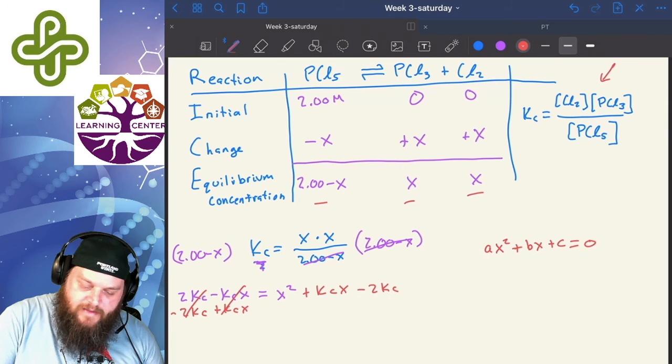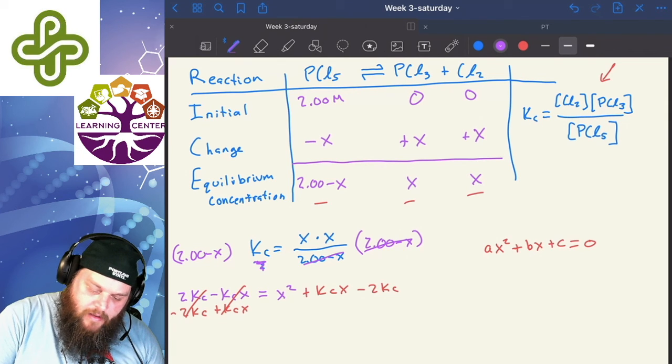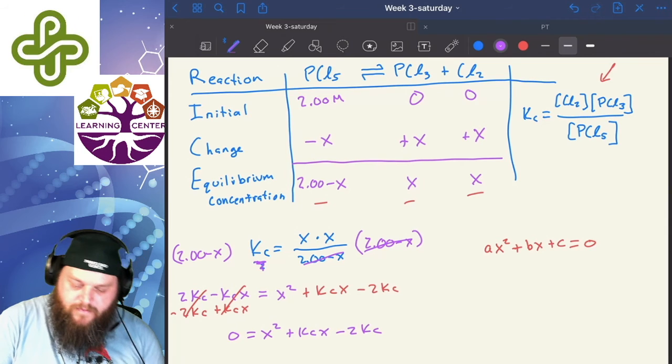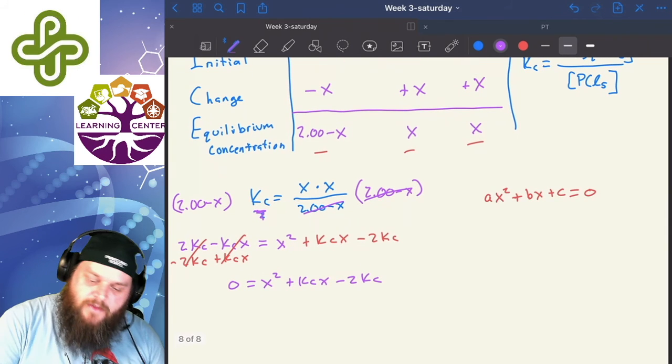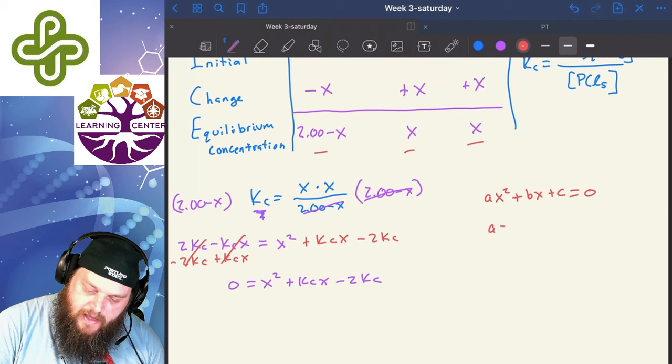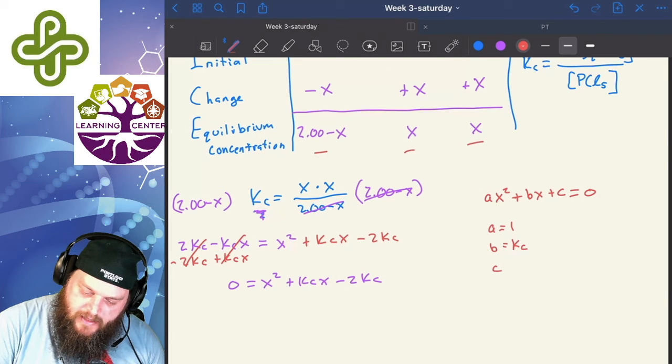So we'll end up with 0 is equal to x squared plus Kcx minus 2 Kc. So in this case, if I were to relate this, a is equal to 1, b is equal to Kc, and c is equal to negative 2 Kc.